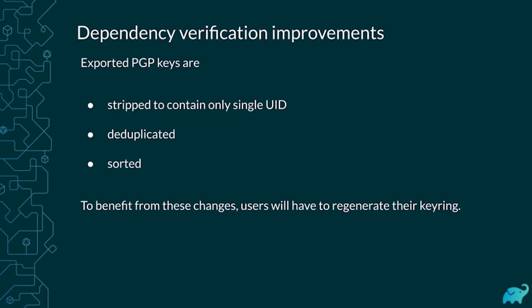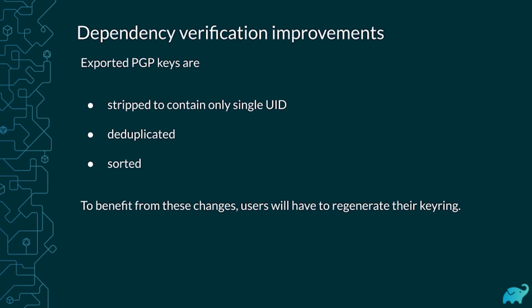Our next feature is about improvements in the dependency verification area. Previously we exported PGP keys as is with all the metadata attached to it, like signs, maybe even photos of some people and stuff like that. In this release, we strip all the unnecessary information from the keys.